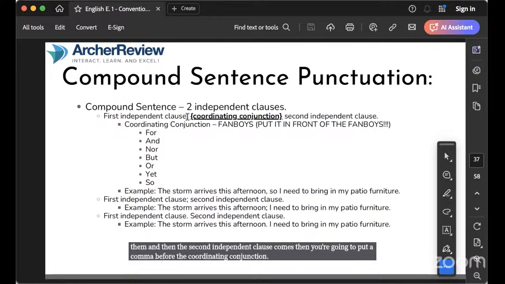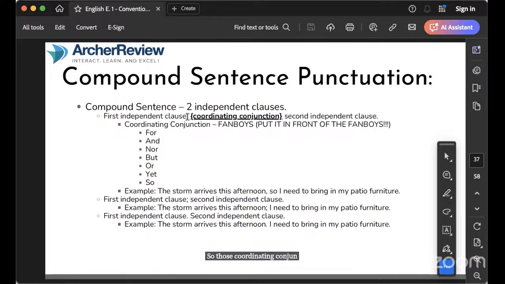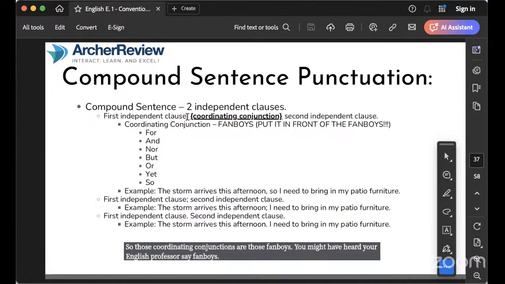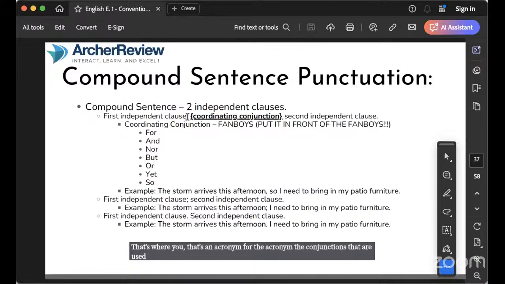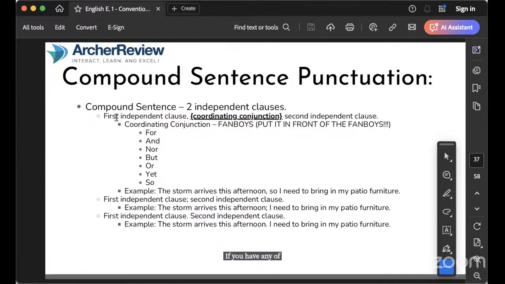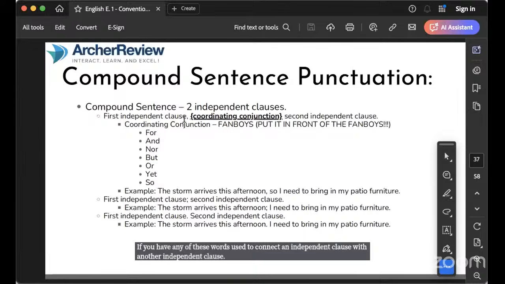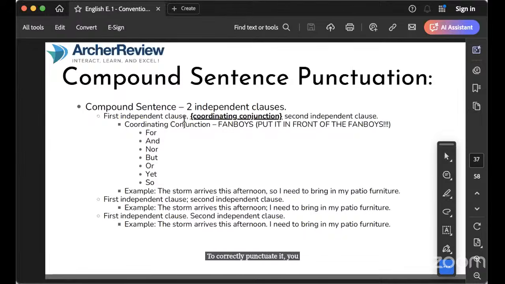So those coordinating conjunctions are those fanboys. You might have heard your English professor say fanboys. That's an acronym for the conjunctions that are used: for, and, nor, but, or, yet, so. If you have any of these words used to connect an independent clause with another independent clause, to correctly punctuate it, you must put the comma right before it.